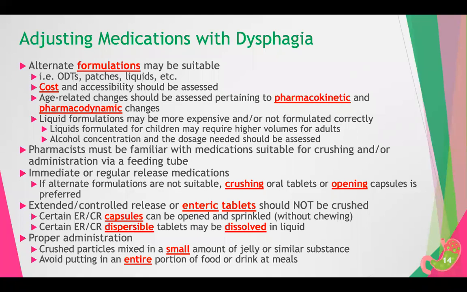And this is going to be one of the preferred options, just because remember, our alternate formulations might be a little more expensive. Now, if the patient can afford those alternate formulations, then that would be perfect. But if not, then immediate and regular release medications can be crushed, and the capsules can be opened if needed.